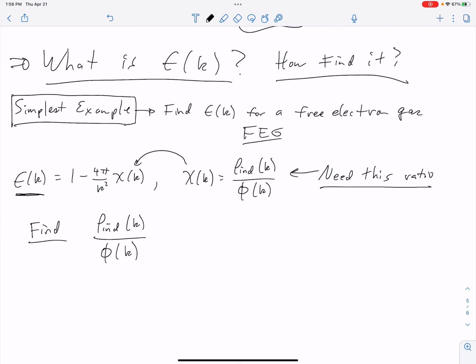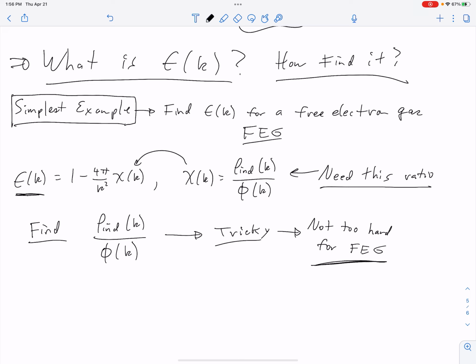Okay. All right, well, how the heck do you do that? All right, well, this can be tricky, but it's not too hard for a free electron gas, using some approximations, of course. It actually is pretty hard even for a free electron gas, but we'll make some approximations.